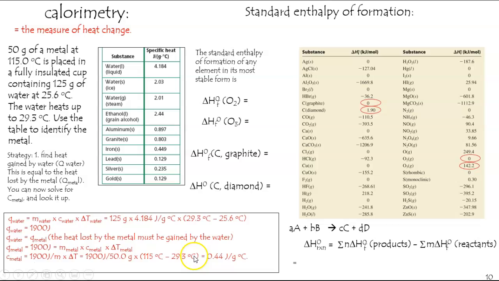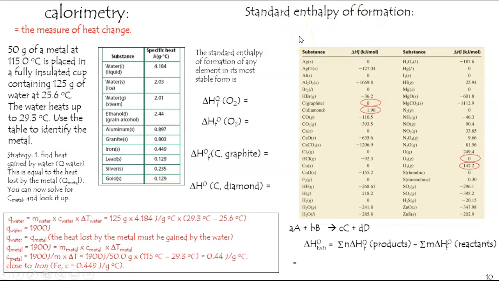It's a moment of truth when you do this because whenever you do this, make sure you get a number less than about 4. Otherwise, you're dealing with basically nothing has a specific heat higher than water. It's 0.44, which is a nice match for iron. It looks like they probably took a chunk of iron. That is a real-life calorimetry problem.